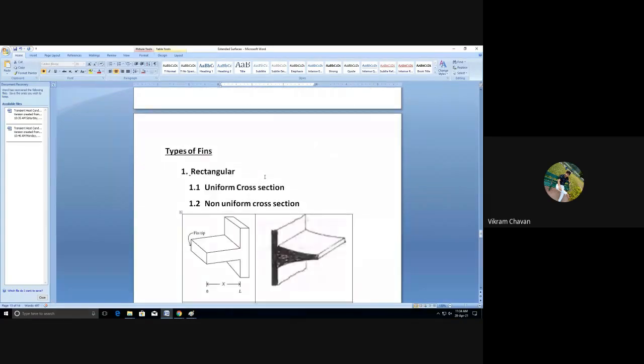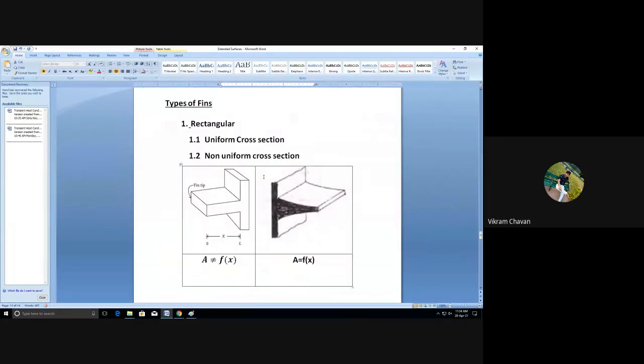Types of fins. First one is rectangular fin. Sub classification of rectangular fin is uniform cross section, and the second classification of rectangular fin is non-uniform cross section.